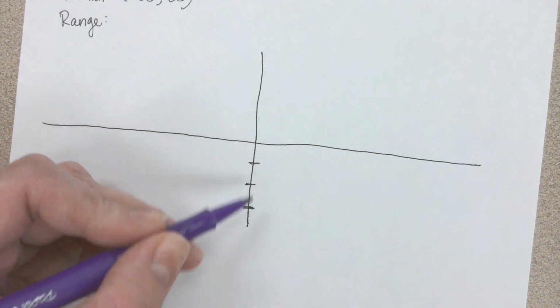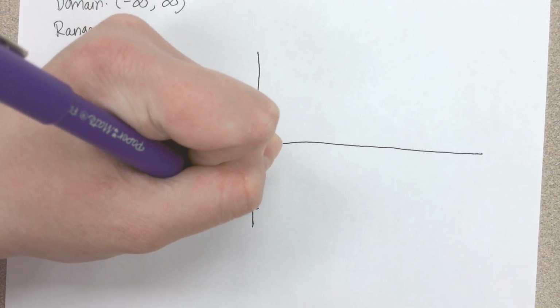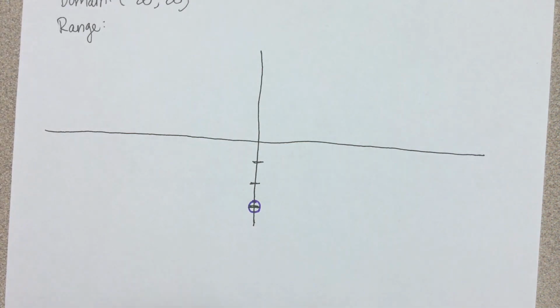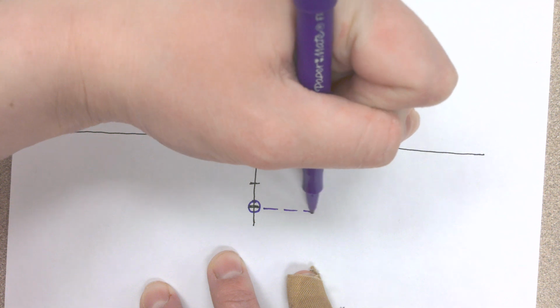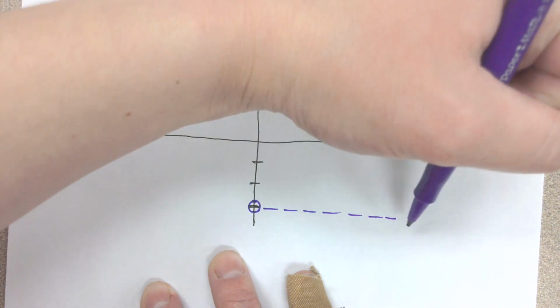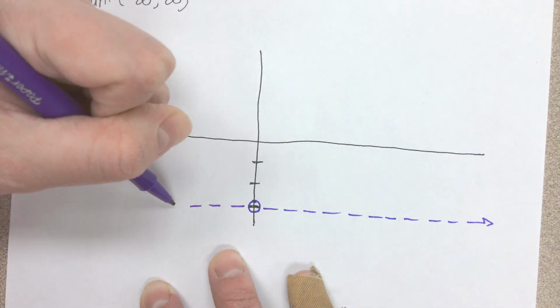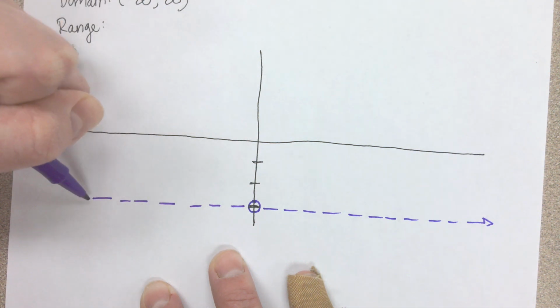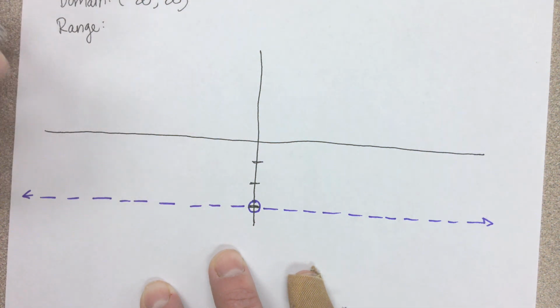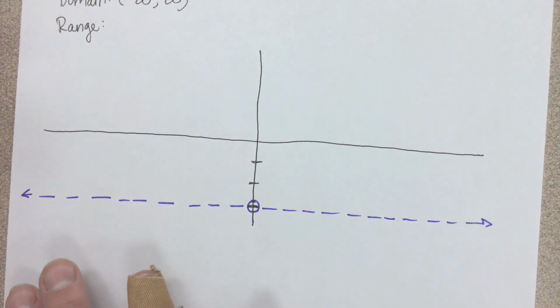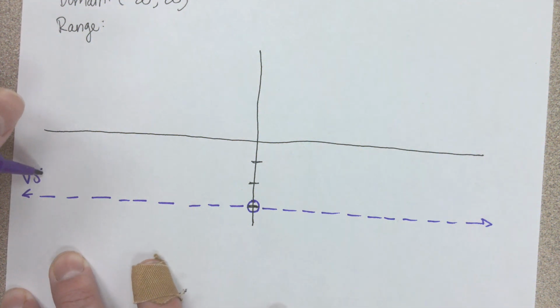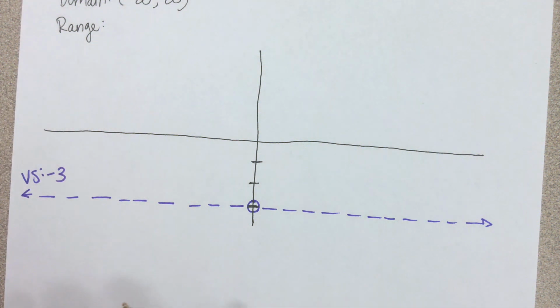So we're going to start with that circle on -3. And we're going to treat this kind of like our new x-axis, if you will. So this is a vertical shift of -3.